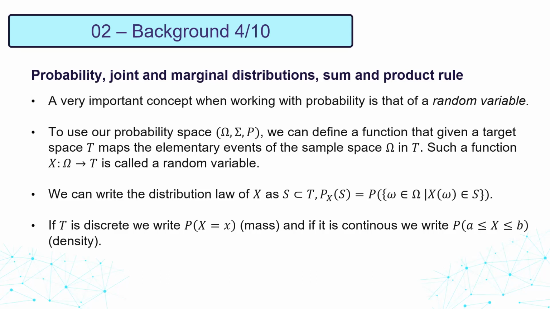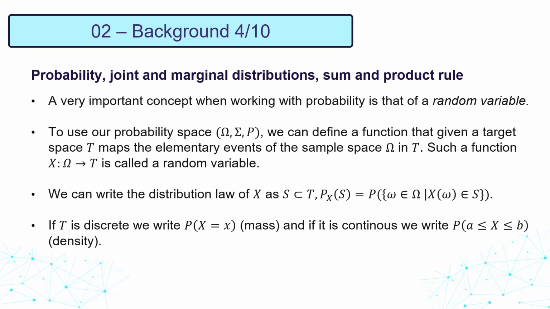So you map heads to the number 0, you map tails to the number 1, for example, and then that's your random variable. And because you have p defined on that probability space, now p is also defined on the random variable. So this is just a formal way of essentially saying you can represent your data as numbers, and the probability distribution on the data is now represented on the numbers.